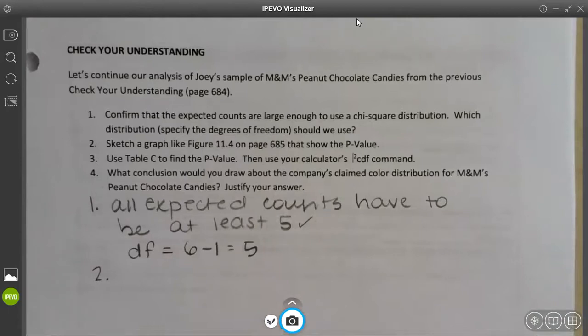Part 2 says sketch a graph like figure 11.4, and you haven't done that, but I kind of sketched one when I did the technology corner on page 685 that shows the p-value. I'm going to hold off on the p-value for just a minute because we haven't done the p-value. So how do we find that p-value?